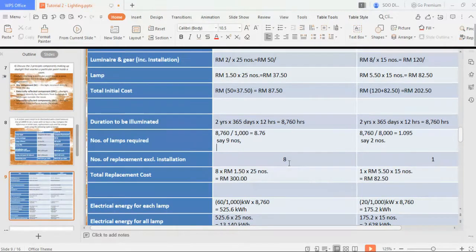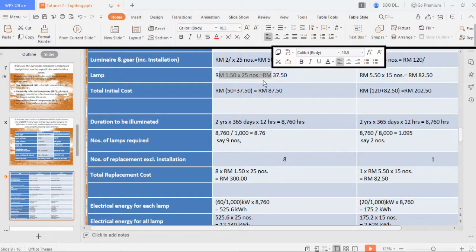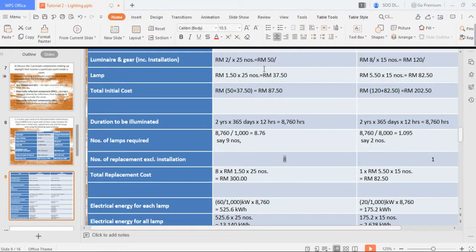But because in your initial calculation of your total initial cost, you already factored in the lamp cost, which is 1.5 ringgit for 25 lamps, you actually do not need 9 lamps. You only need 8 because you initially already installed.